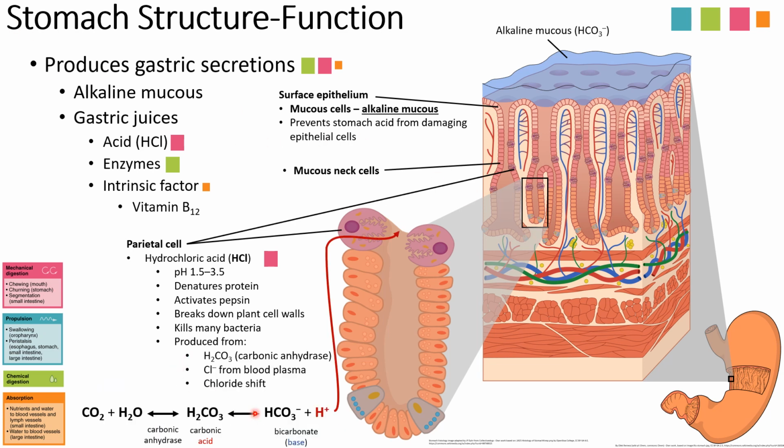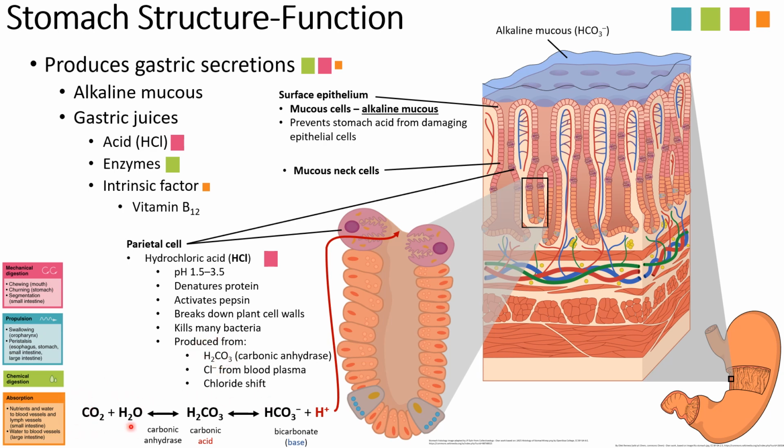Just want to mention that the protons or the acid that is produced by these parietal cells is actually produced from carbonic acid, which is what we've talked about a lot. And that's synthesized, as a reminder, via carbonic anhydrase. So carbon dioxide and water are reacted to form carbonic acid.